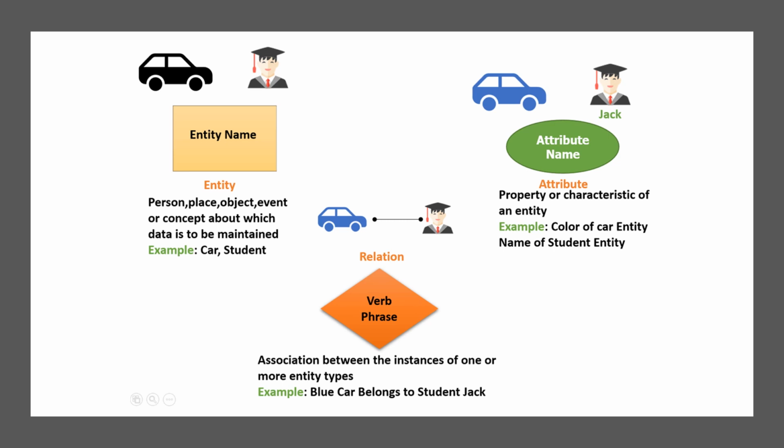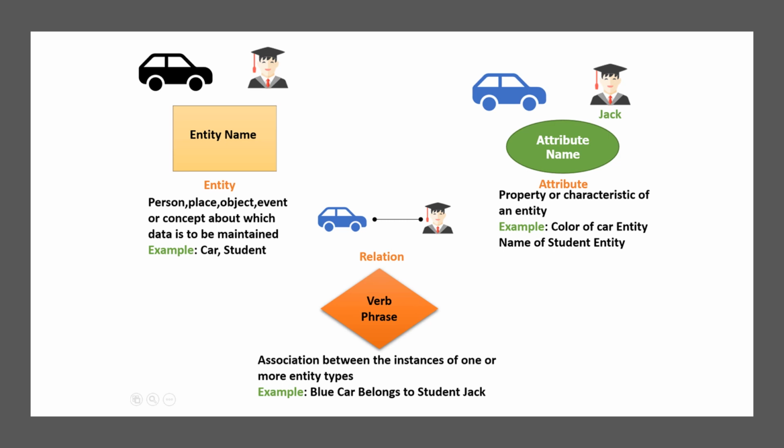Meanwhile, the attribute is a property or characteristic of an entity, like color of car, student name, student ID, student program, car manufacturer, building name, building room, building color and so on.